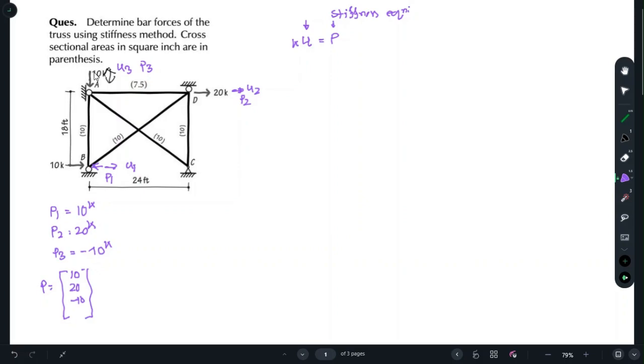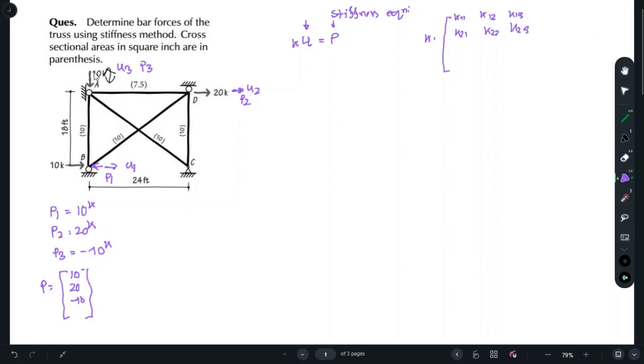But what is the K matrix? Your K matrix is simply like that. You have three displacements here: U1, U2, and U3. If you have three, you will have a 3 by 3 matrix. So your matrix will be something like that: K11, K12, K13, K21, K22, and K23.